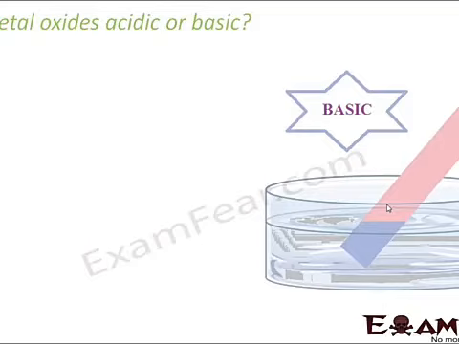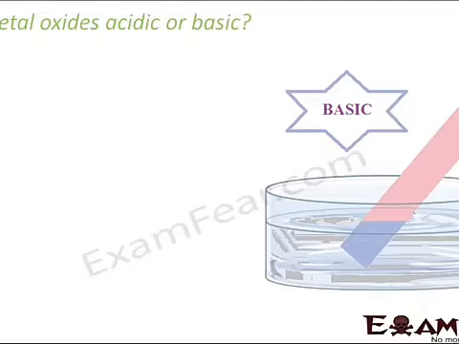What happens in the litmus test? Okay, so in litmus test we have a litmus paper like this. Now there are two types of litmus paper which are available. One is called red litmus, the other is called blue litmus. So what you have to do is you have to dip the litmus paper into the solution, and based on the change in color you can say whether the solution is acidic in nature or basic.